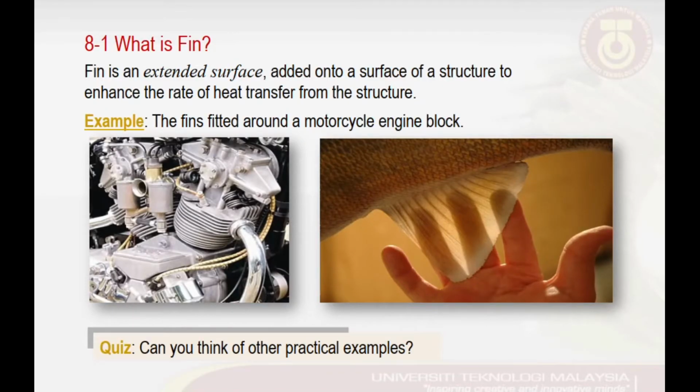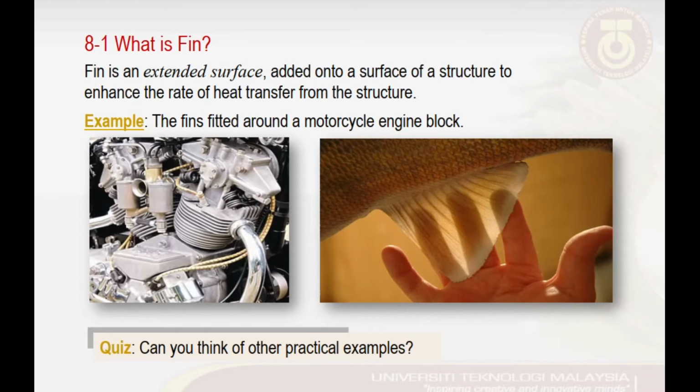A fin is just an extended surface that we may find attached to the body of a system that is generating heat. For example, we may find a fin fitted around a motorcycle engine block as shown in the figure.